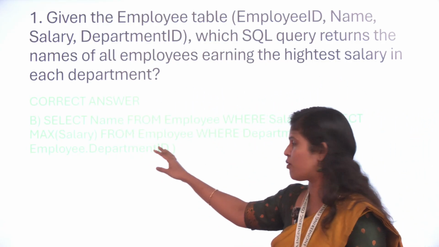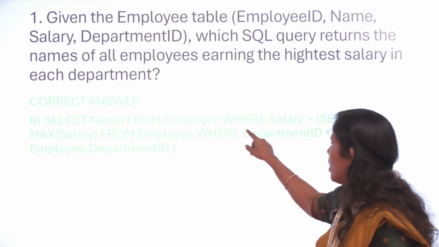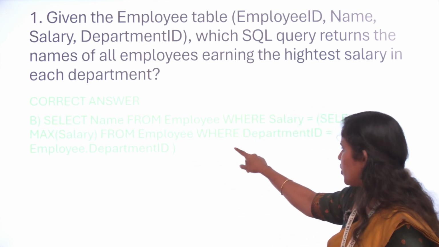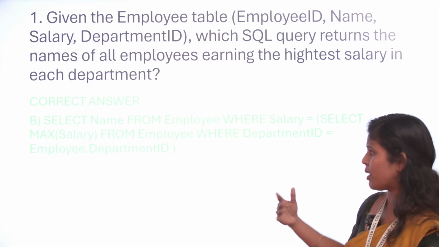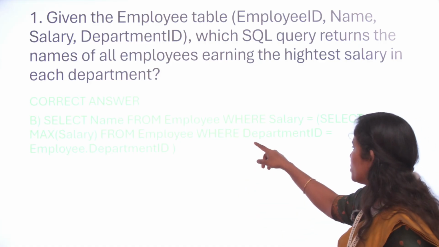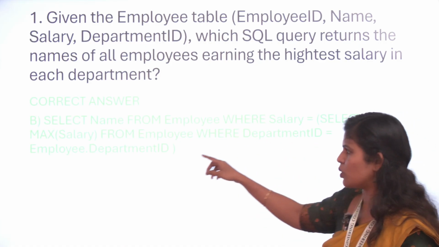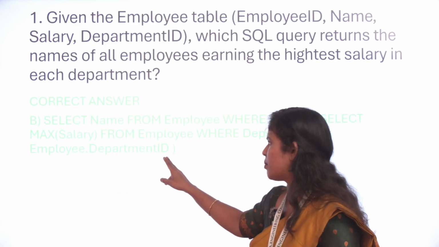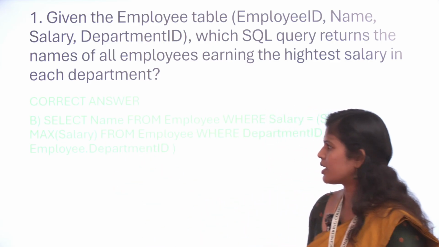FROM the employee table, and we do that by department ID equal to employee dot department ID. So this is the correct one.